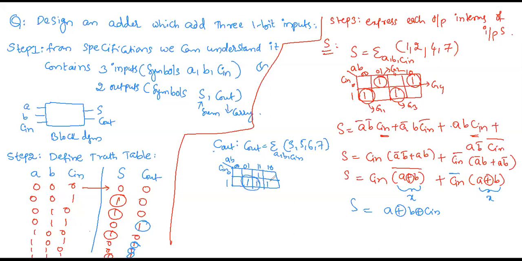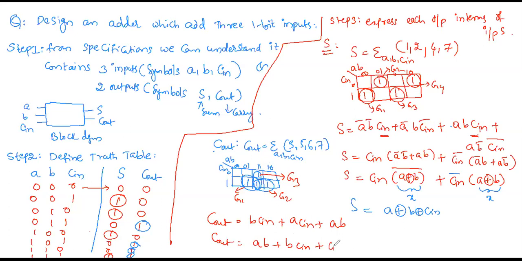These two you get a group, these two, and these two. So you are having 3 groups, G1, G2, G3. If you write the expression of G1, G2, G3, you will get B C in plus A C in plus AB. For easy remembering, you can write it as AB plus B C in plus C in A.